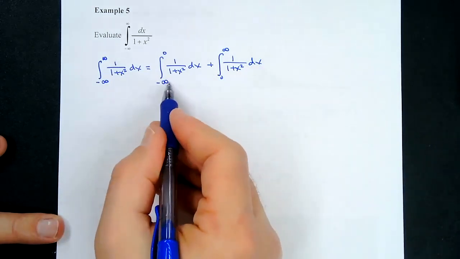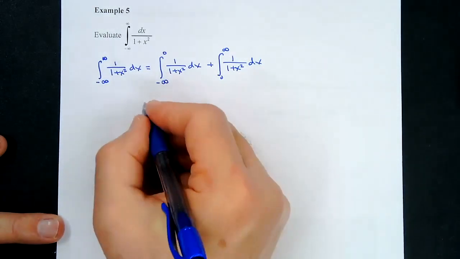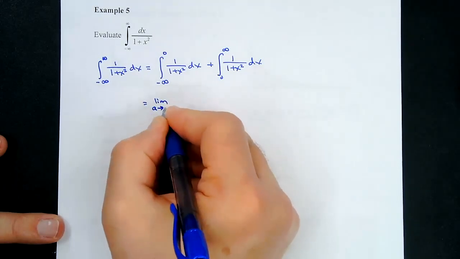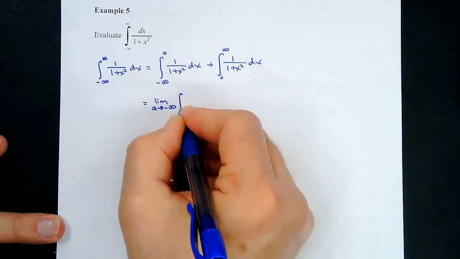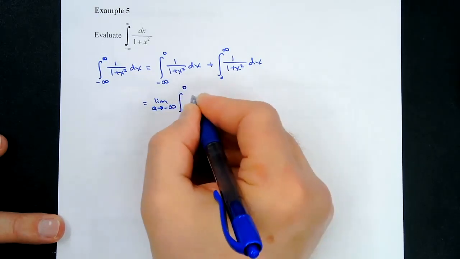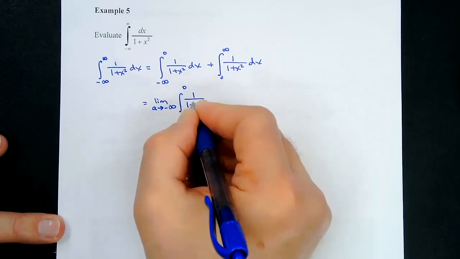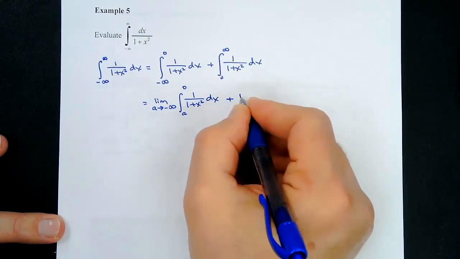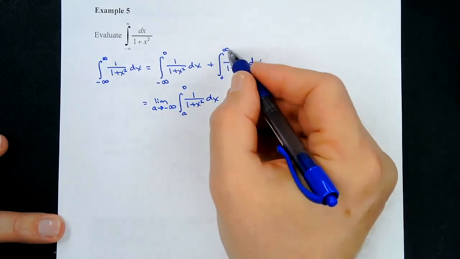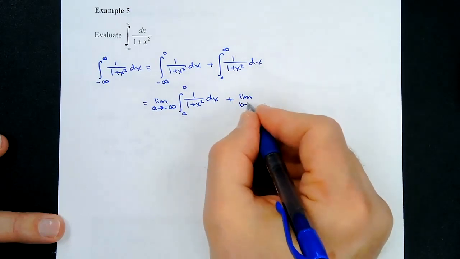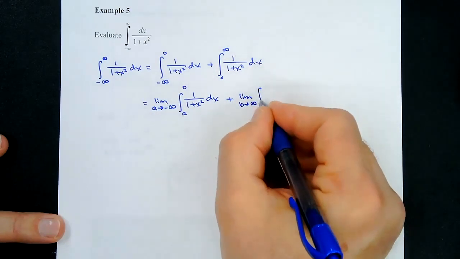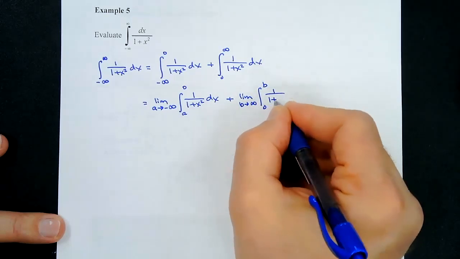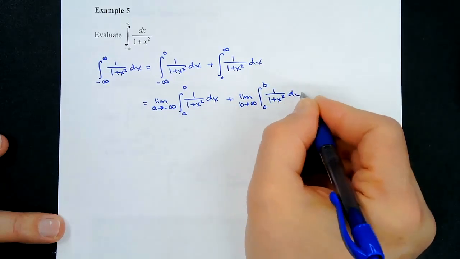And so this is going to be our a, and we're going to let a approach negative infinity. So the limit as a approaches negative infinity of the integral from a to 0 of 1 over 1 plus x squared dx, plus the limit, and this is going to become our b, so b approaches infinity, of the integral from 0 to b of 1 over 1 plus x squared dx.